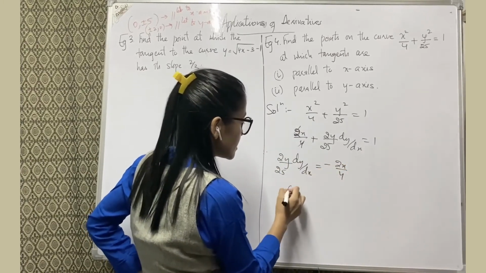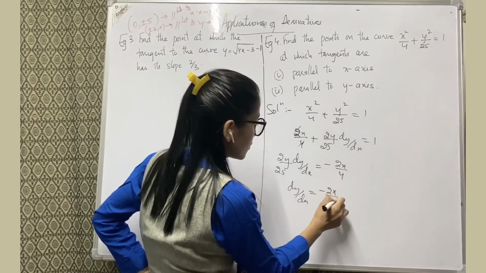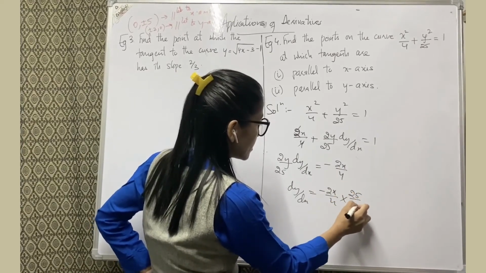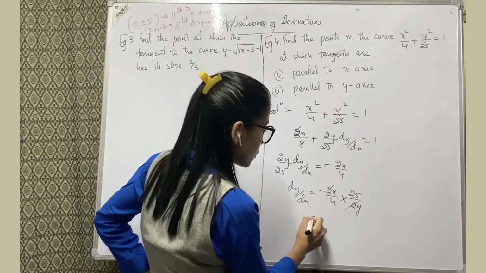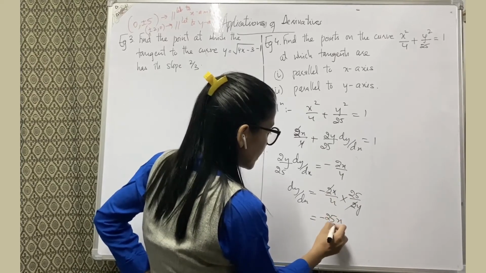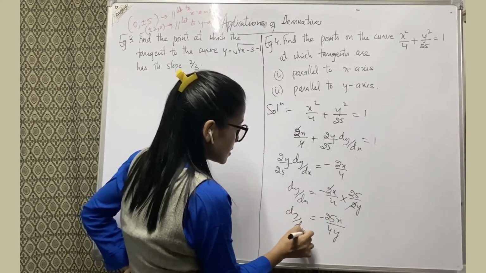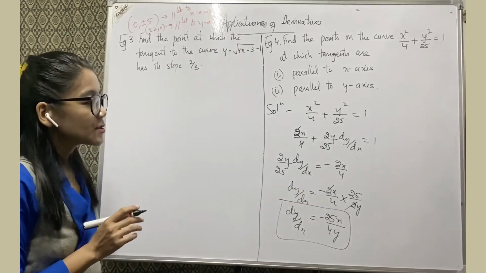I will not cancel it. So dy/dx = -2x/4 into, you have to reciprocate this, so that is 25/2y, right? So now you can cancel out these two. So we have negative 25x/4y. So this is dy/dx. Okay, so this is the slope of the tangent.